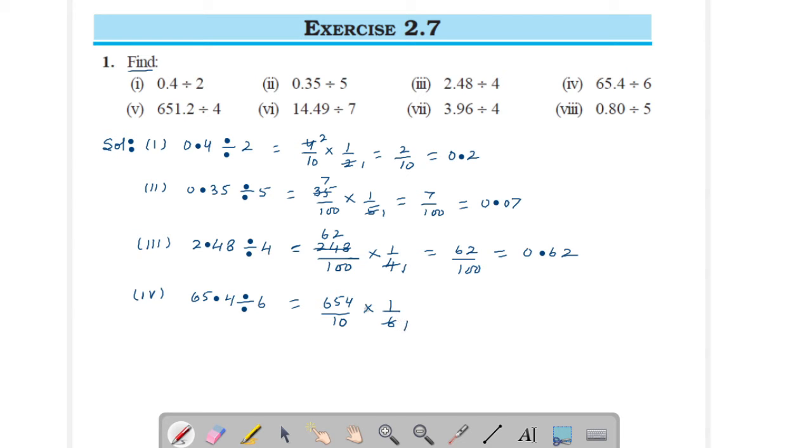Here 6 1 ja 6. Here cancel by 6. 6 1 ja 5. It will not go 0. 6 9 ja 54. You will get 109. Multiply it. You will get 109 upon 10. Put decimal. You will get 10.9. This is your answer. Then come to fifth part.